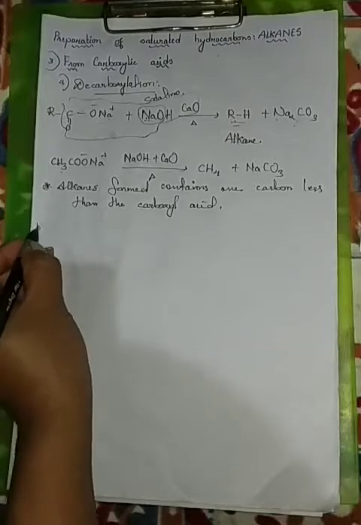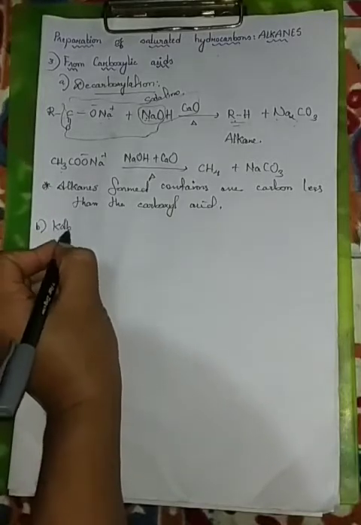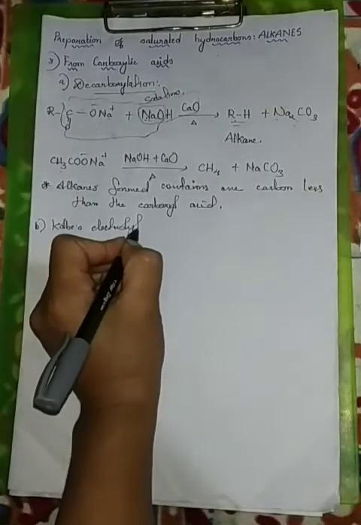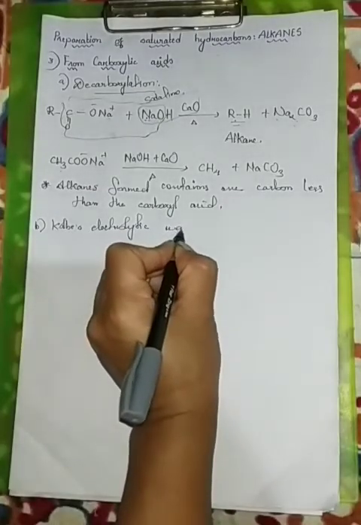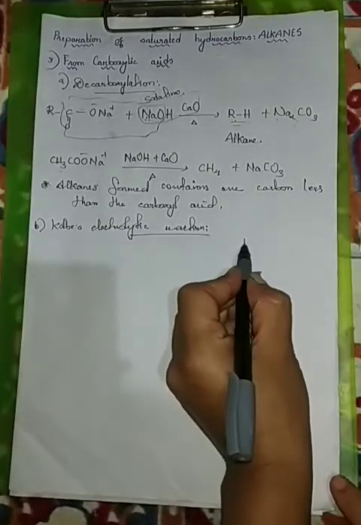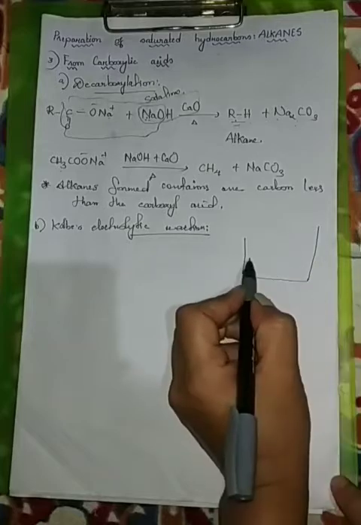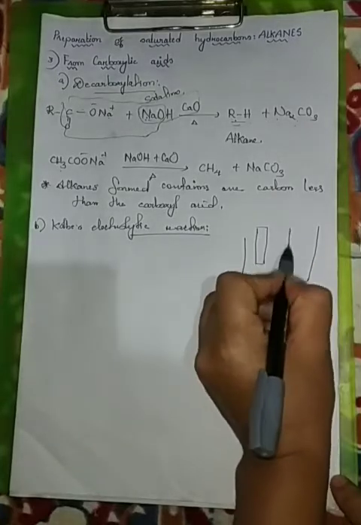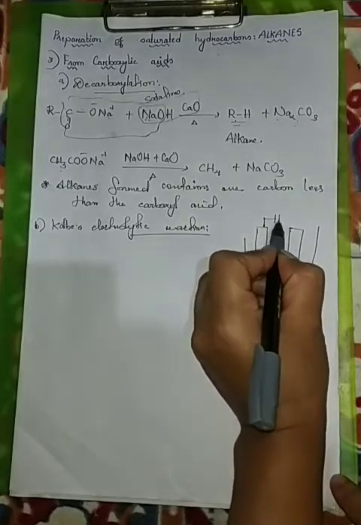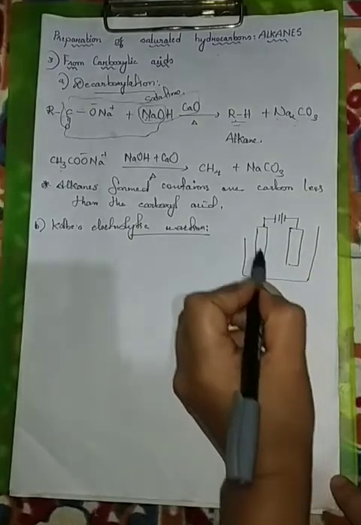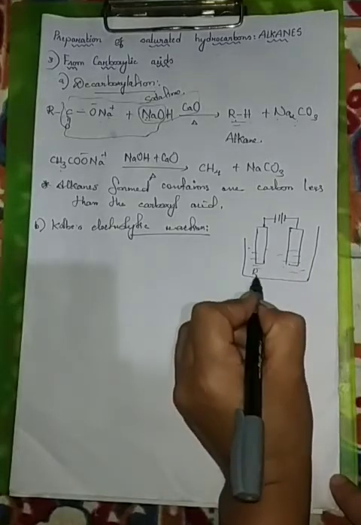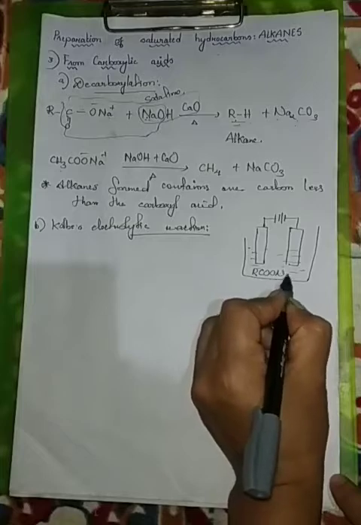Now the second method is known as Kolbe's electrolytic reaction. In Kolbe's electrolytic reaction, a medium is taken where there is a cathode and an anode, plugged in, in a solution of the salt of our carboxylic acid.